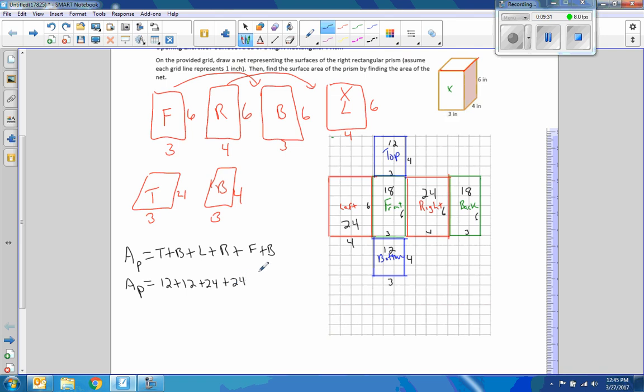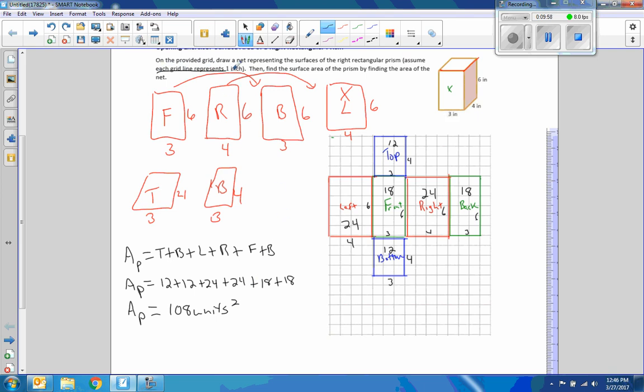The right was 24. The front was 18. And the back was 18. So the area of the prism is 12 plus 12, which is 24. 24 and 24 is 48. 72. 90. And 18 more is 108 units squared.